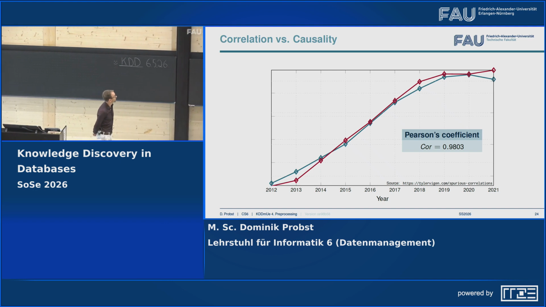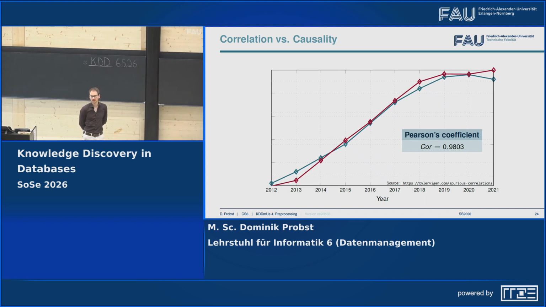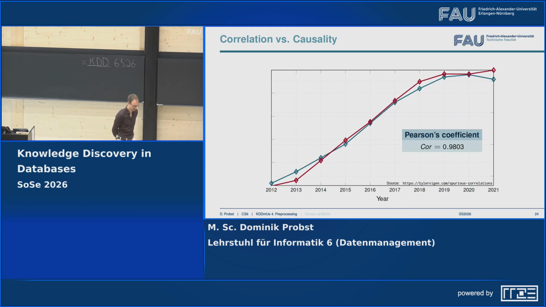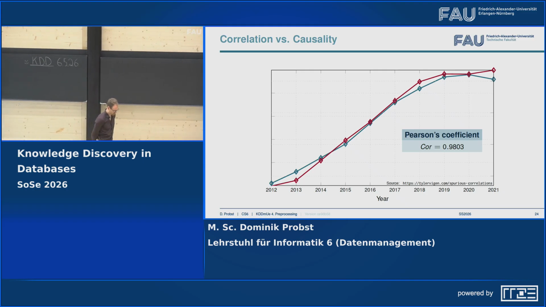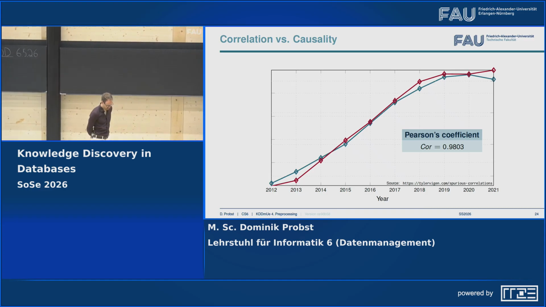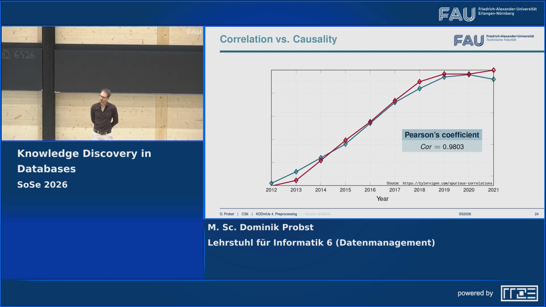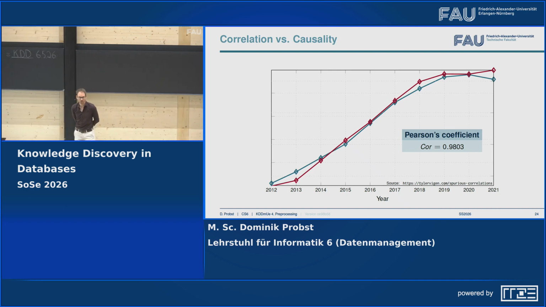So is one of the two graphs leading to the other graph to do something? A good example for causation, pretty obvious causation, would be if there are less clouds, photovoltaic production would rise. That's causation. Because the sun is shining more on the PV modules.